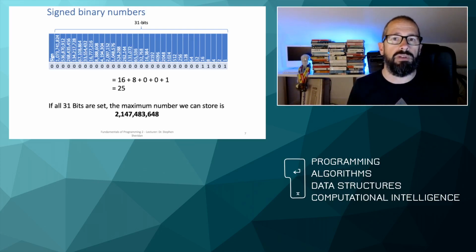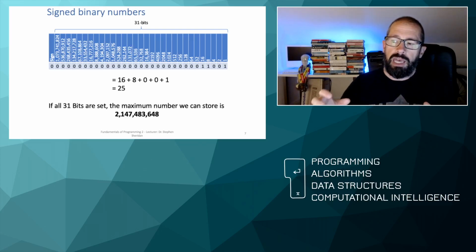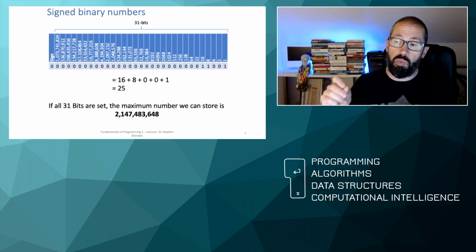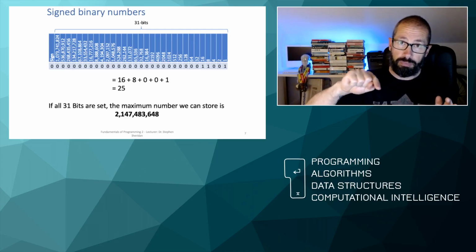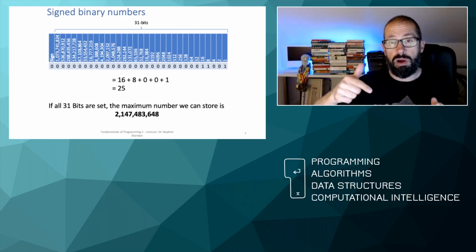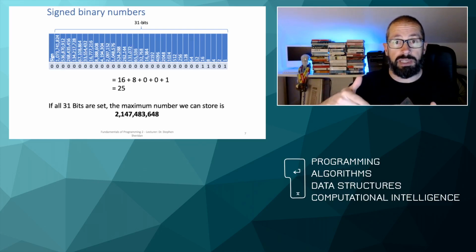So for example, with the number 25, if we take that 32-bit string and look at all the bits that are set to 1 and the significance of those bits, we'll see there's a 1, the leftmost one, with a significance of 16, and then the next one has a significance of 8, and then 4, well, that hasn't got its bit set, that's 0, and 2 hasn't got its bit set, that's 0 as well, but the 1 has got its bit set to 1.